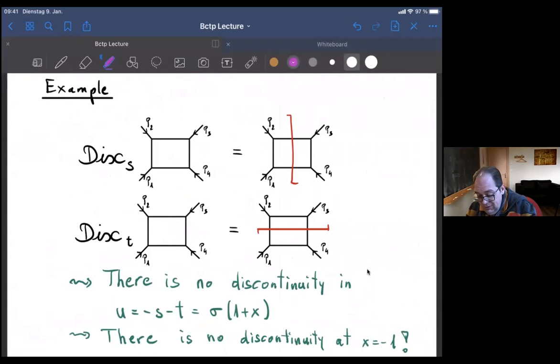So what does that mean, for example, for the box we want to compute? The box depends on two invariants, S and T. So there are two discontinuities you can consider. You can consider the cut in the S channel, where these two particles will be on shell, or the cut in the T channel, where these two particles are on shell.